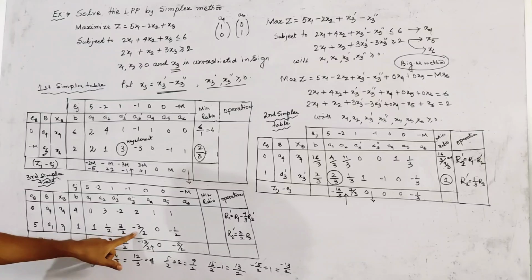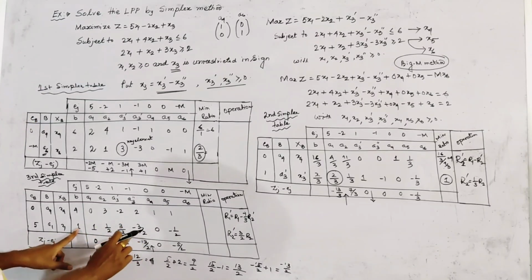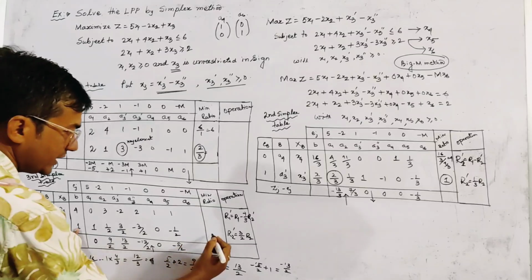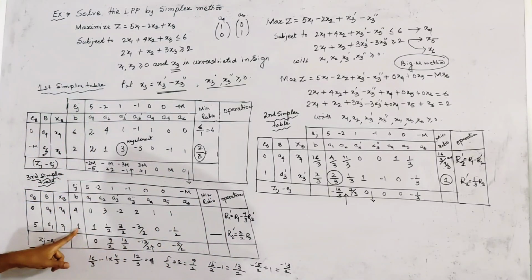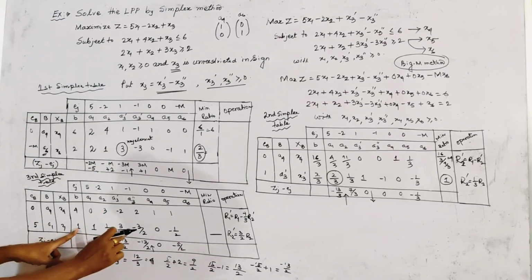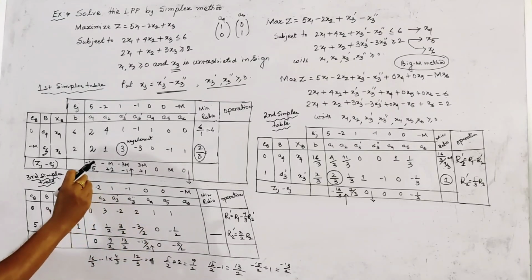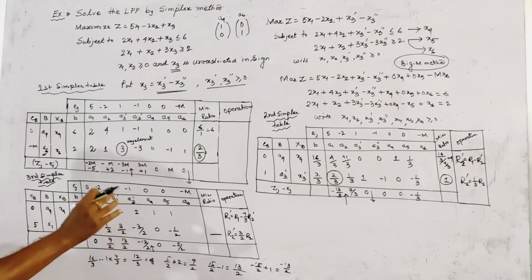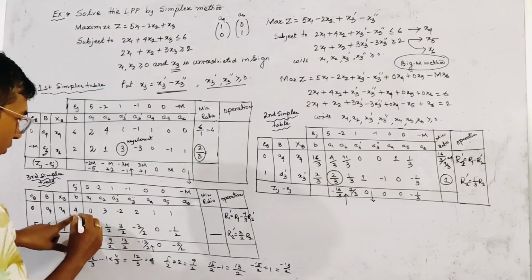Since this is negative, here we do not divide by the negative element. Okay, here we make a line like this. This indicates that we cannot make the division because this is negative. So this element cannot be a key element. A negative element or zero element cannot be a key element. And so we make only one division.